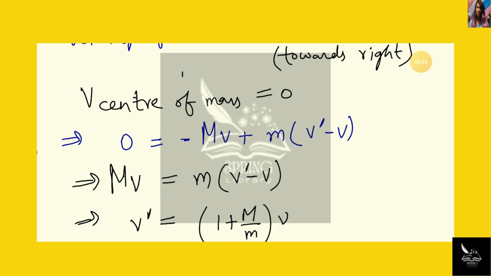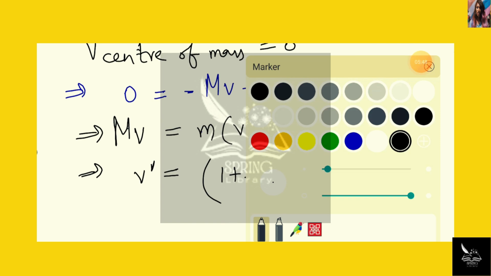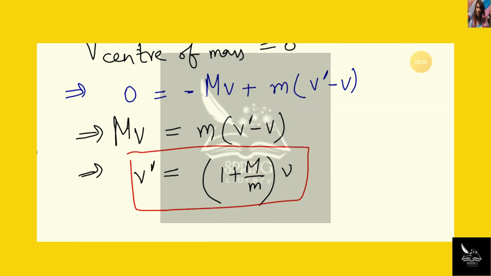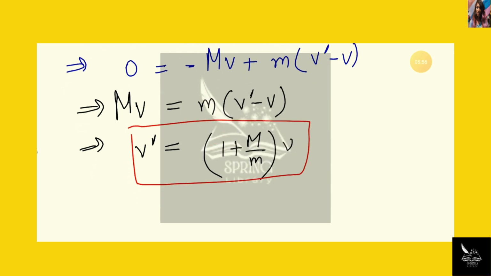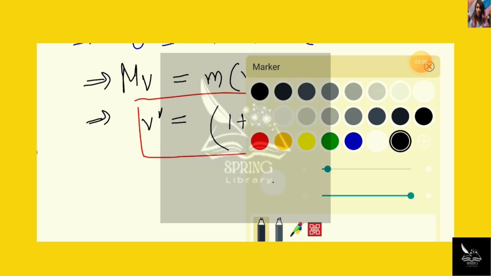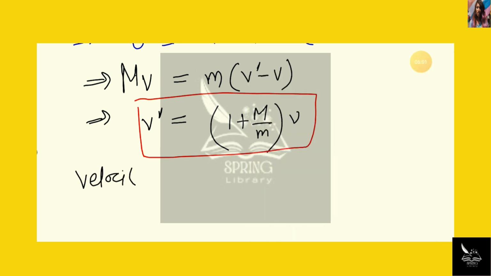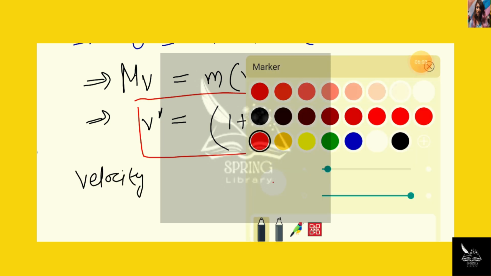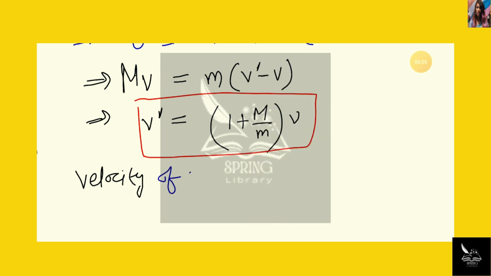So this is the answer to the given question, that is, the velocity of the man approaching the engine, v dash, is equal to 1 plus capital M over small m, multiplied by v.